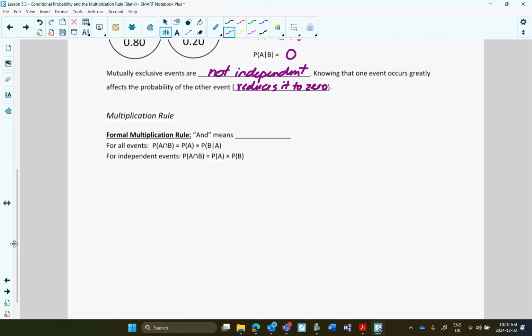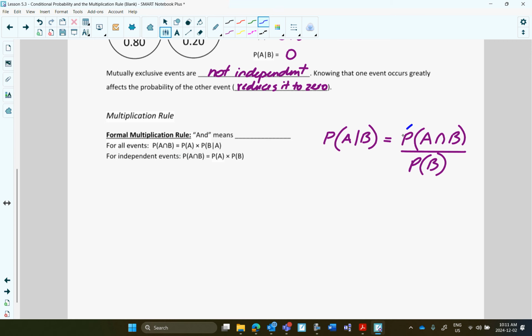Okay, so remember when I talked about we have this formula to find conditional probability. It's the probability that both events happen, that one and the other happens, over the probability that the second one happens. Now, if we do a little algebra, and if I want to figure out this, how do I calculate this?